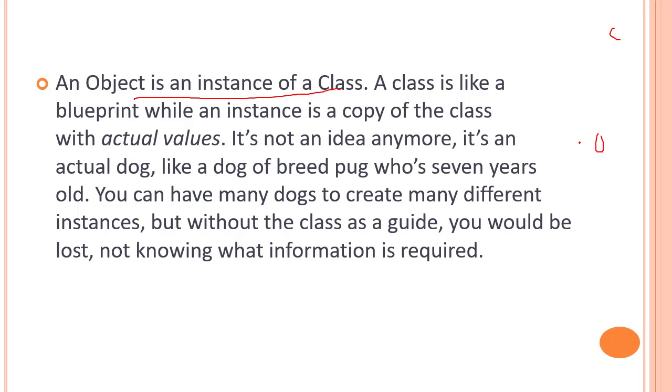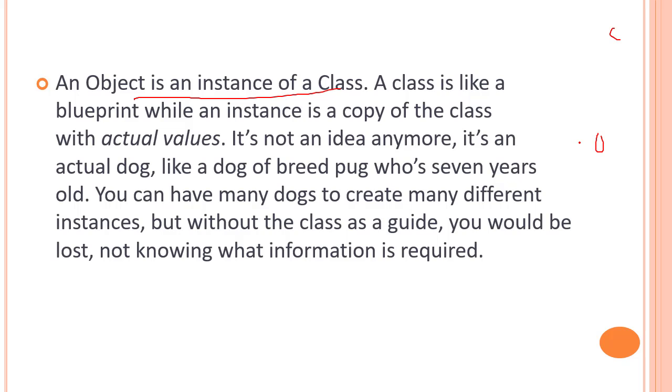So let's say you are an engineering student. You belong to a particular block, a particular class, let's say a particular section. So you are from computer science engineering, or probably in some school. So you are in class 11 or class 12, and you belong to that class 12. So your class 12 is a class, and you are an object belonging to that class.